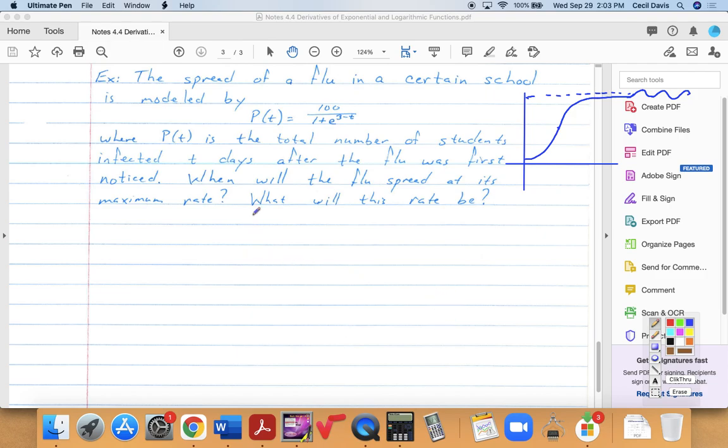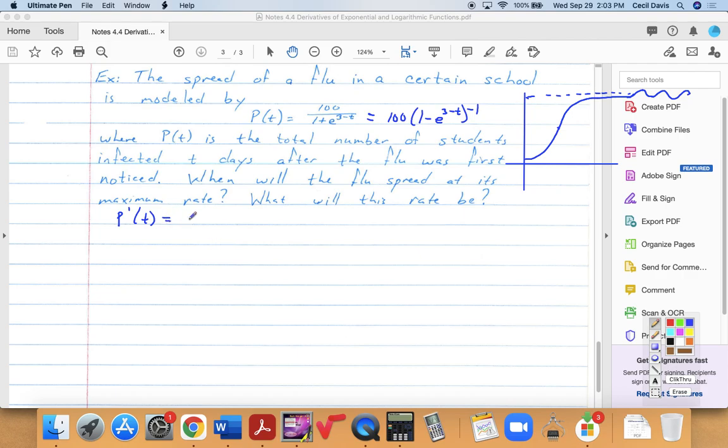All right. So we want to know, when will the flu spread at its maximum rate and what will the rate be? So we need to find the rate, and that would be the derivative, p prime of t. We could leave this as a quotient and do the quotient rule, but I would probably rewrite this as 100 times 1 plus e to the 3 minus t power to the negative 1 power.